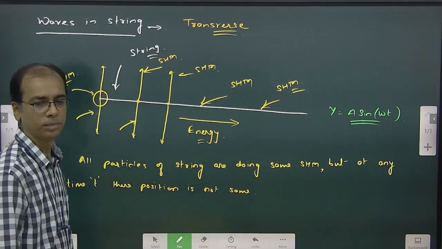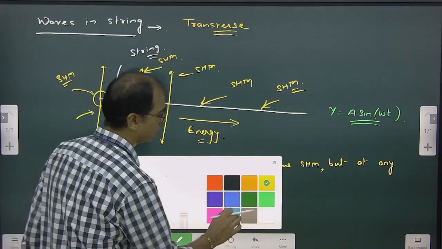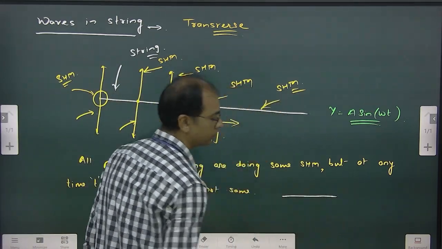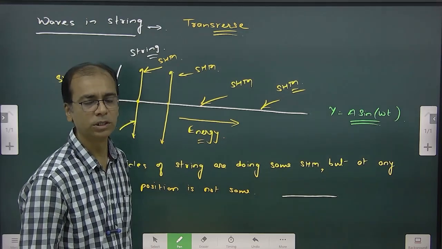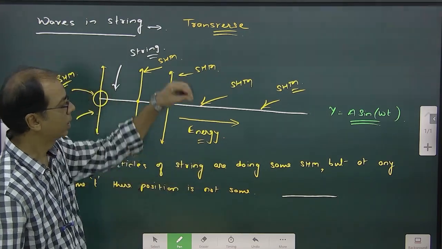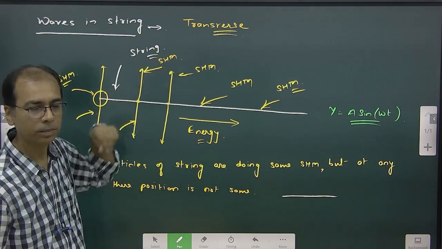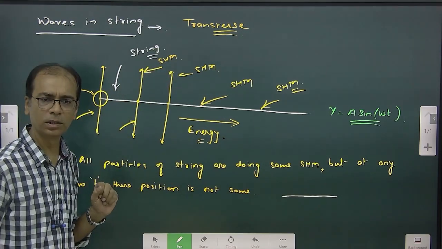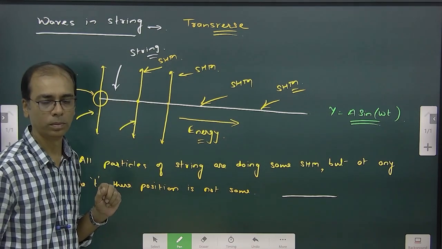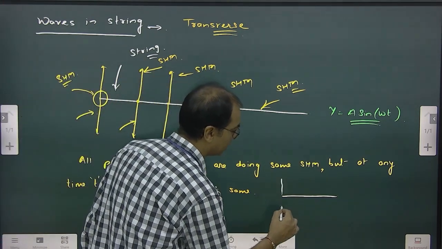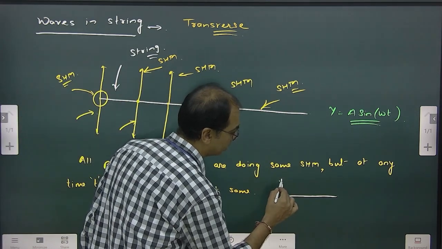Suppose initially you took your hand to the top. Will this particle also be at the top? No. Where will it be? If this one here is at the top, then this one is over here.